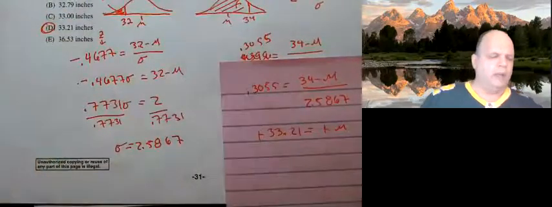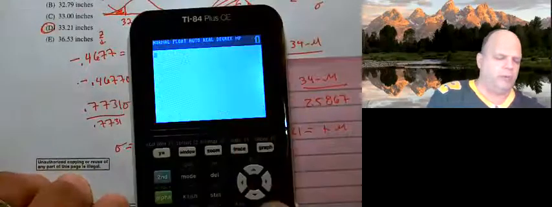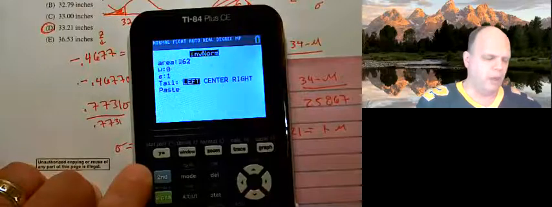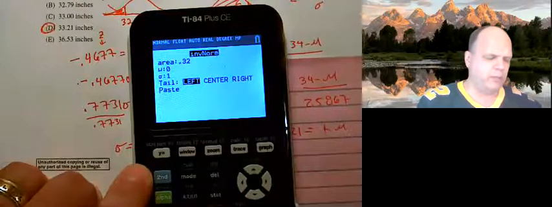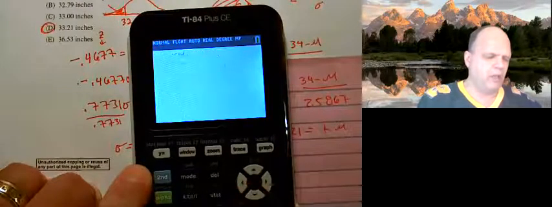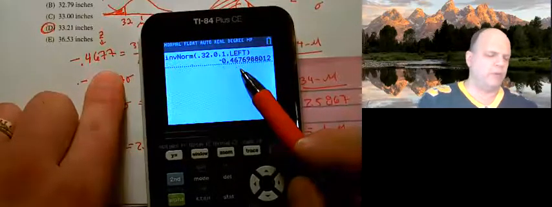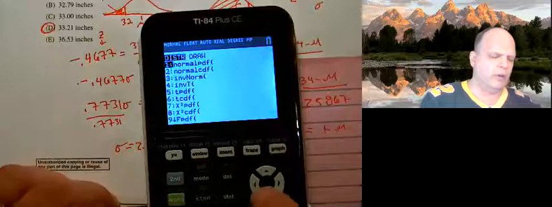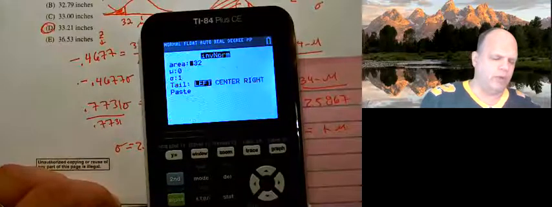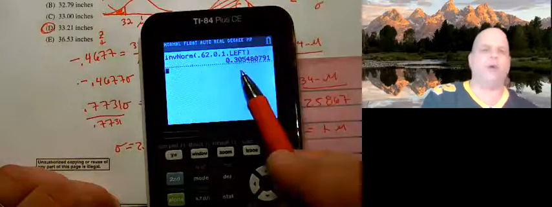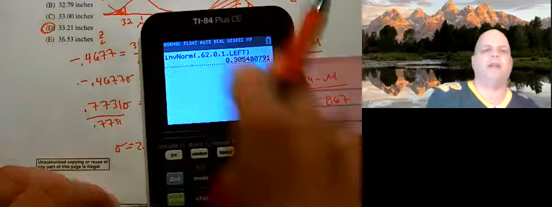Once again, since I messed it up earlier, I'm going to redo this part real quickly. Second vars, inverse norm, 0.32 gives me negative 0.4677 as a z-score. Second vars, inverse norm, 0.62 gives me the 0.3055.